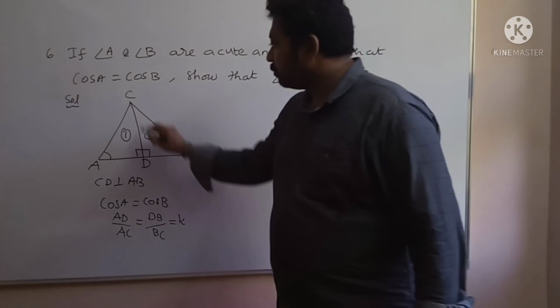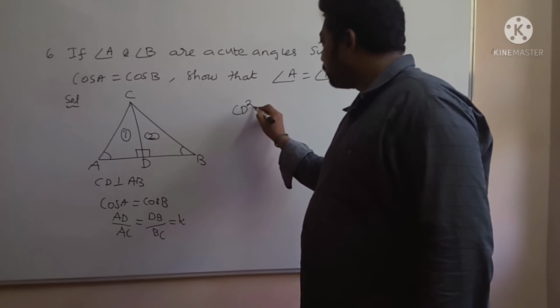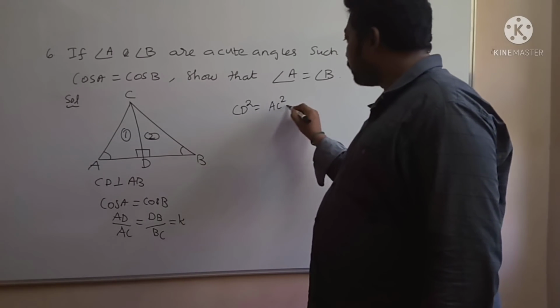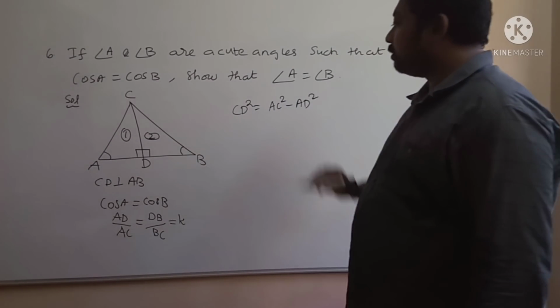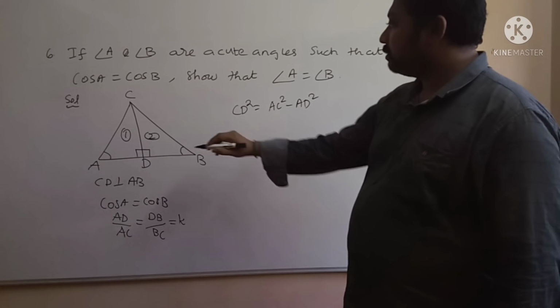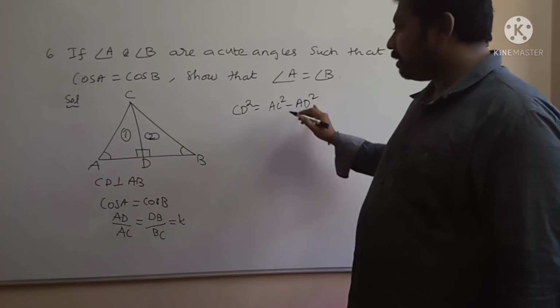Now in triangle 1, we find CD square using the Pythagoras theorem. CD square is equal to AC square minus AD square, right? What is AD?